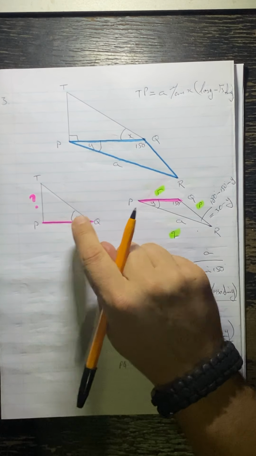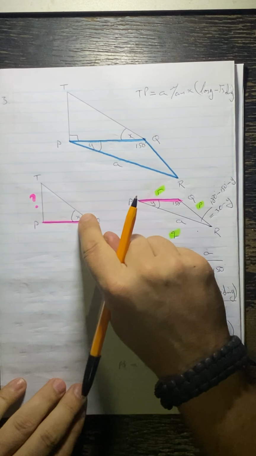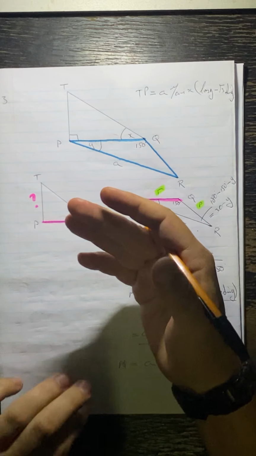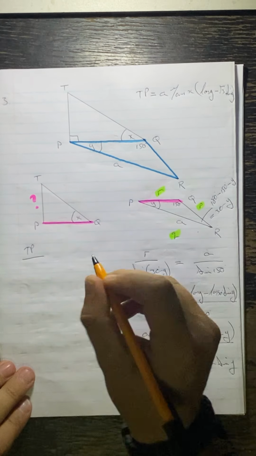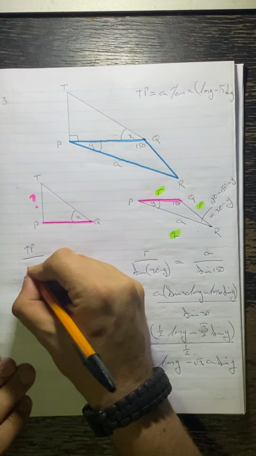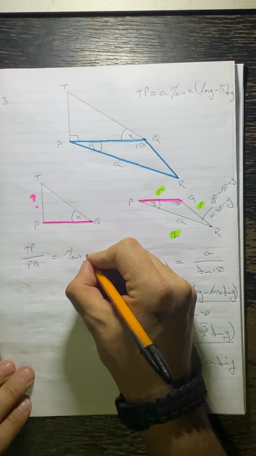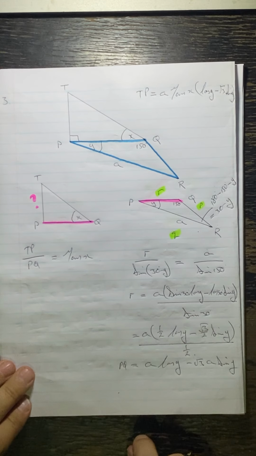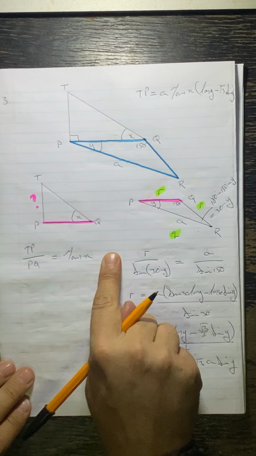So again, guys, we've got this side. We want that side from this angle, opposite over adjacent, so that is tan. All right, so TP over this PQ will be equal to tan x. Okay, all I'm going to do, that's our PQ, which is this, multiply that up over there.